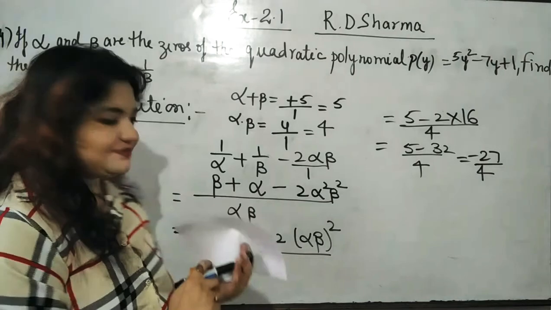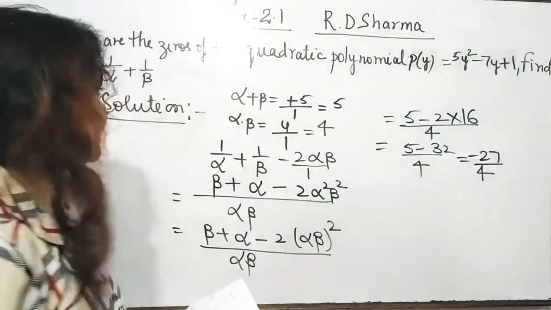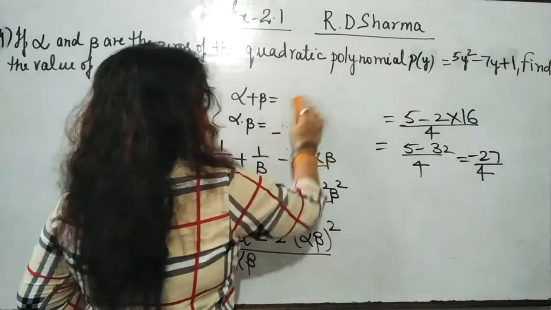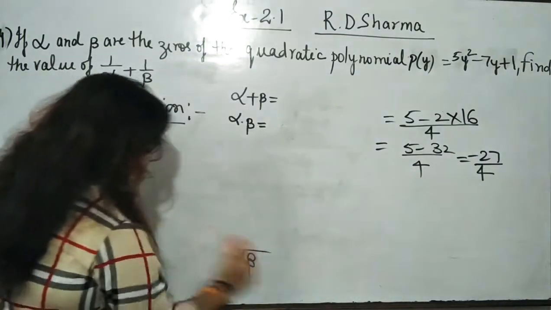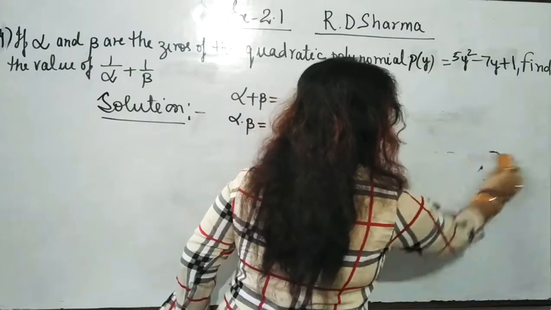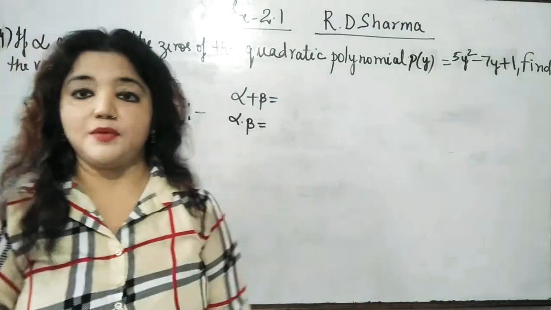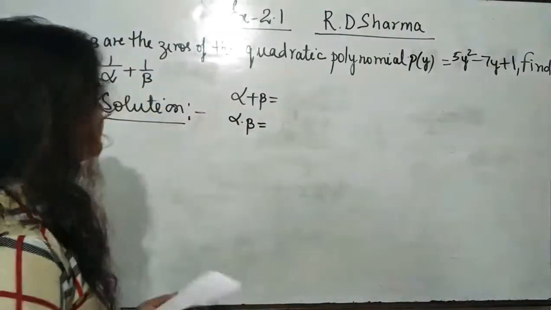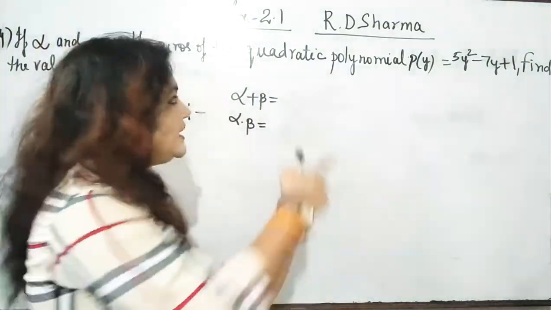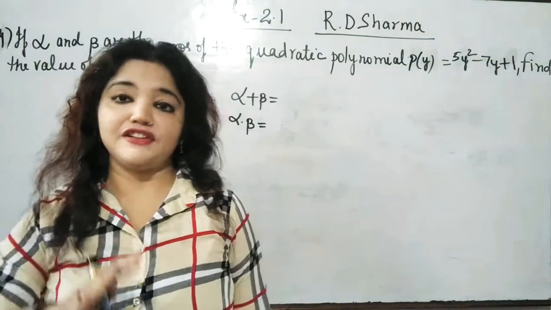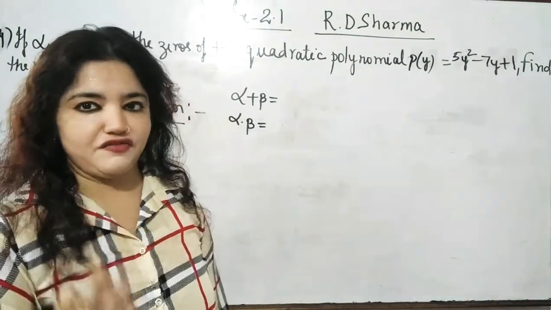Again, we will just calculate alpha plus beta and alpha into beta. For alpha plus beta, what is the formula? Minus coefficient of x upon coefficient of x squared. This polynomial is in the variable y, so we will check minus coefficient of y.